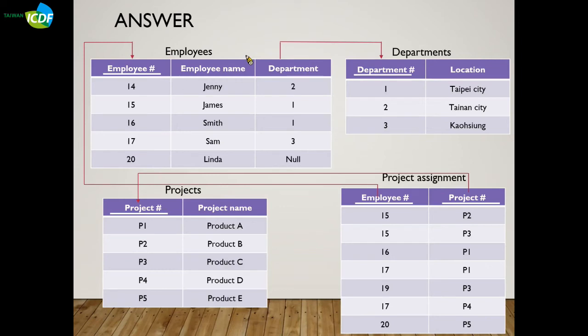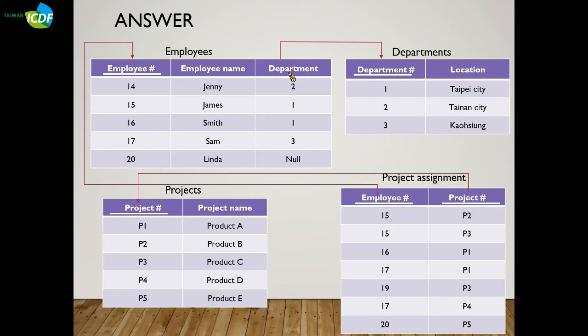If everyone completes this exercise, we are going to discuss the answer. First, we will examine the employees table. Of the two non-key attributes, only department is the primary key of another table.